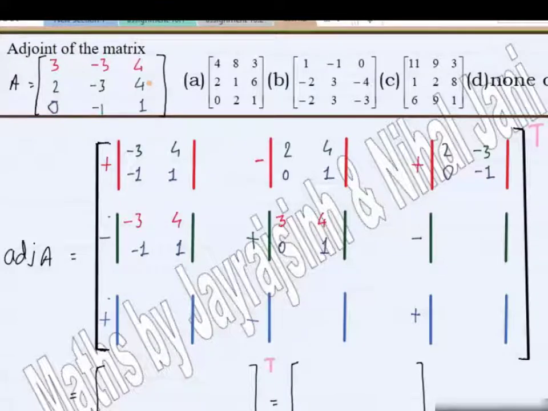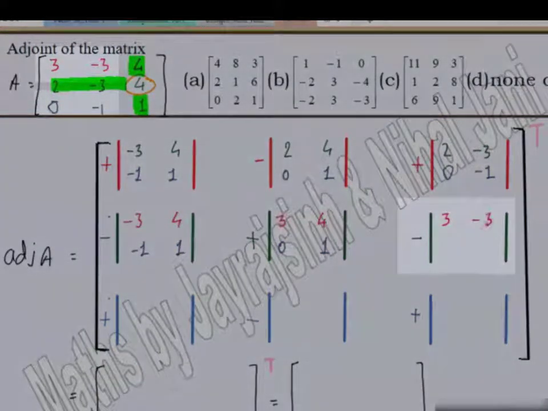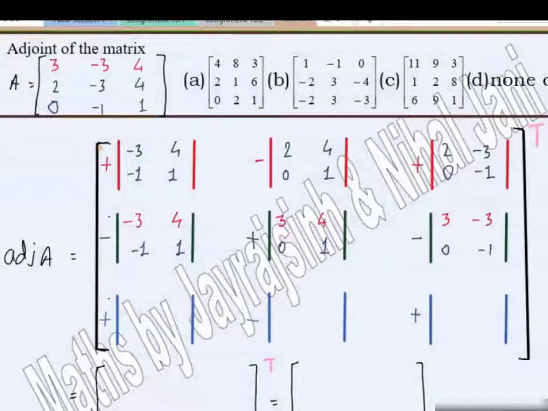Okay, now let's move to the next element. Its cofactor will have negative sign and 3 minus 3, 0 minus 1.